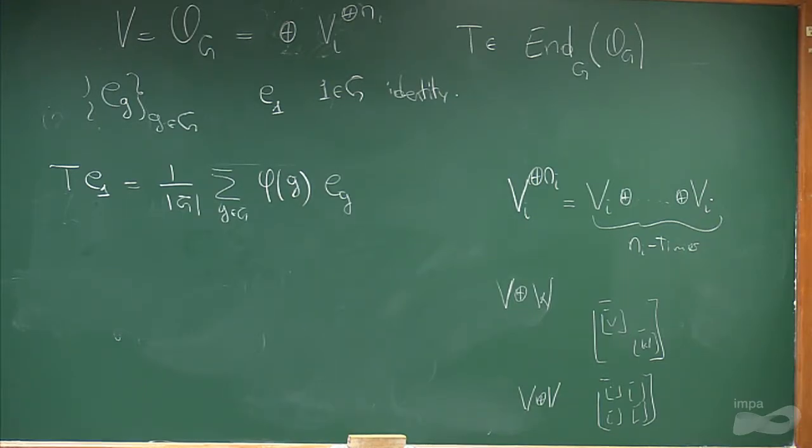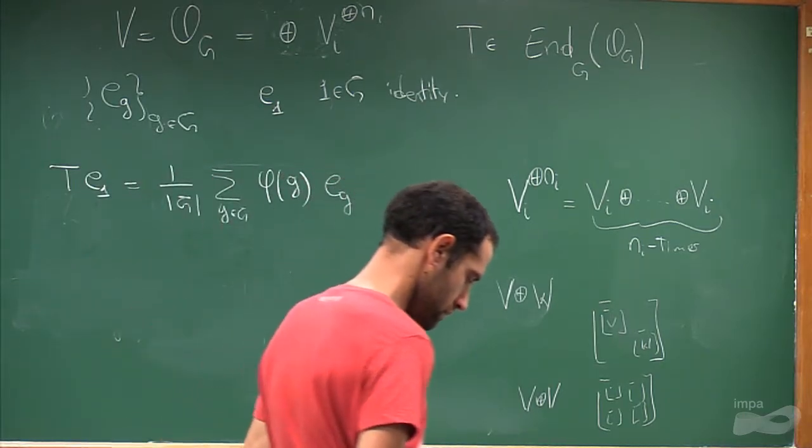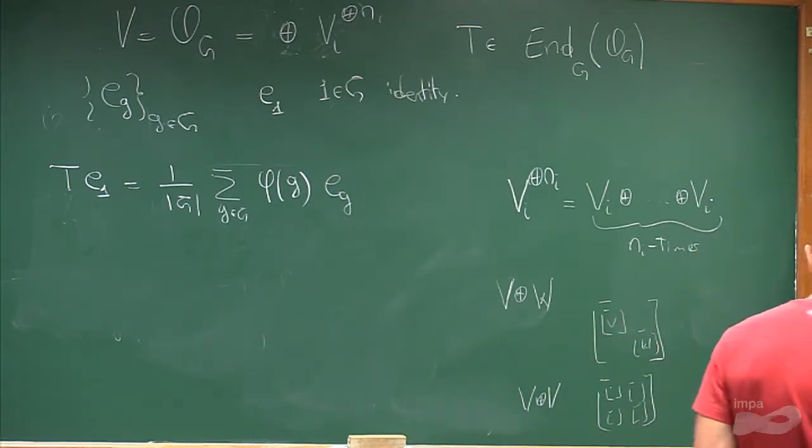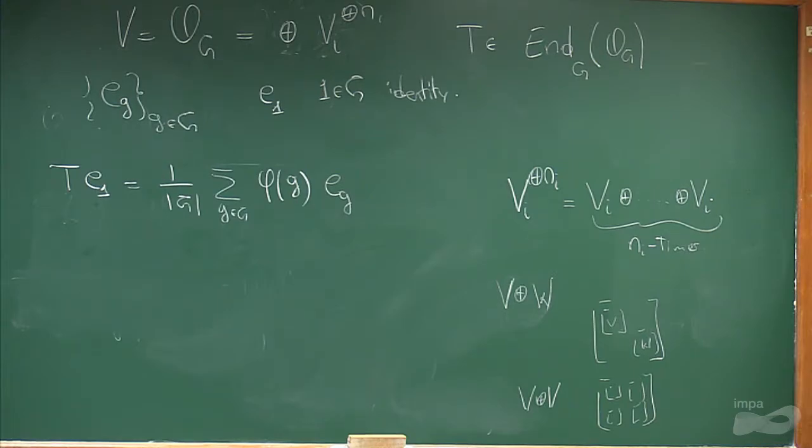We have that the algebra of G is isomorphic to the direct sum of endomorphisms of each Vi, right? Yes? And the order of G is the sum of the squares of the dimensions Li. So the dimension of the endomorphisms of each Vi should be Li squared. Yes, that's true.